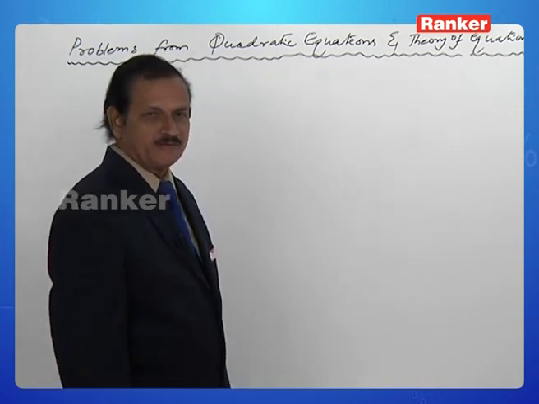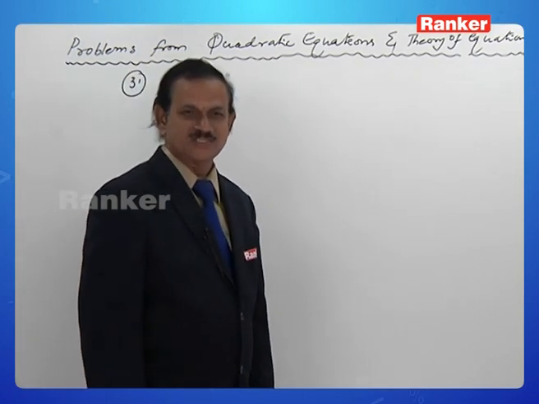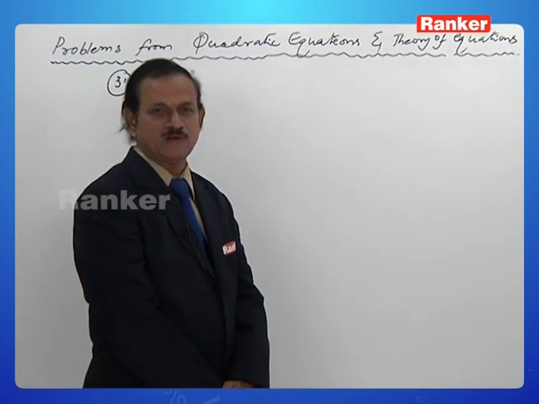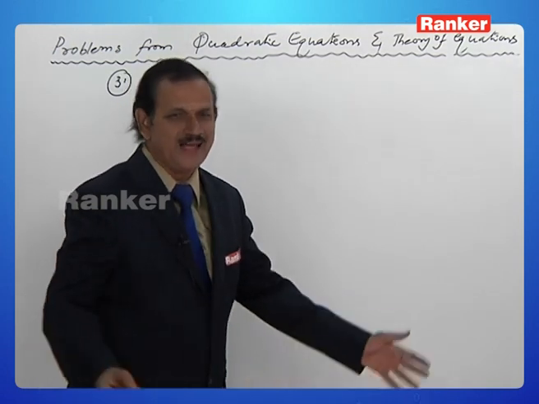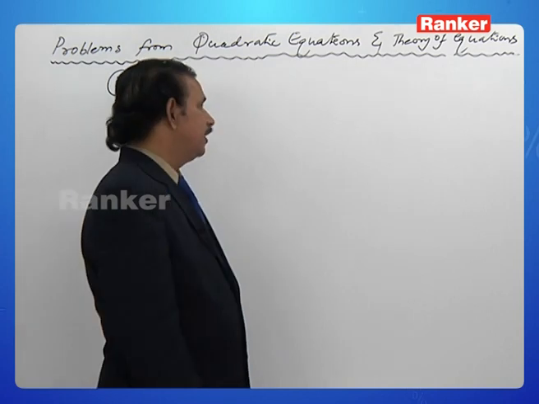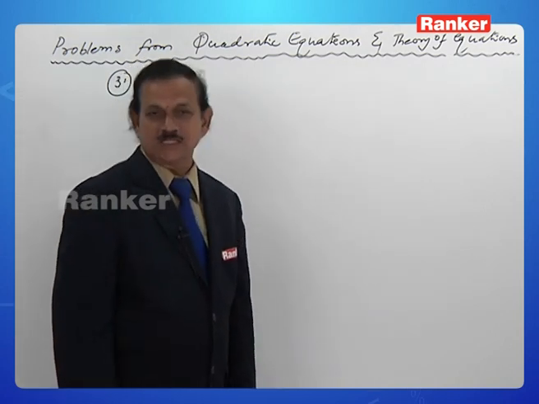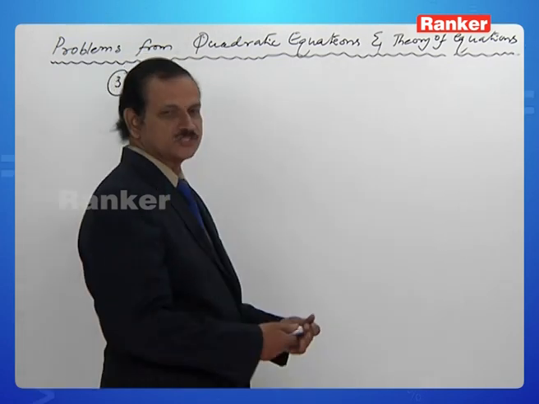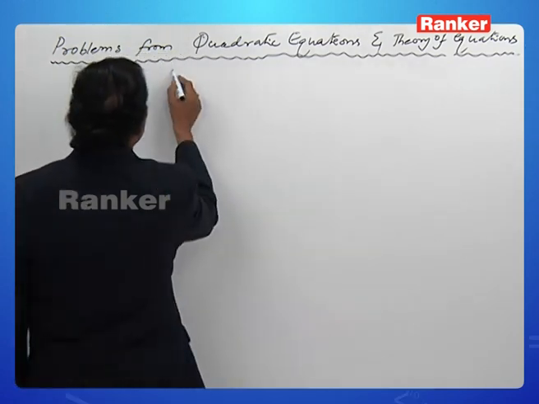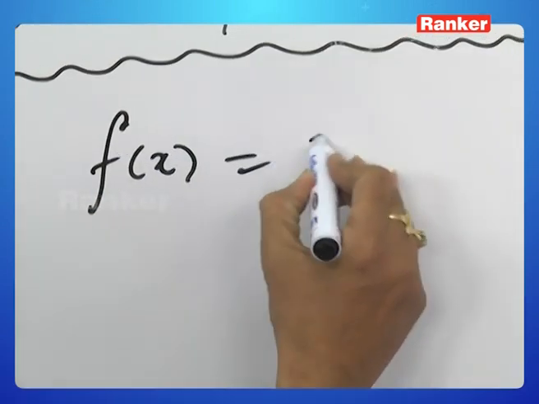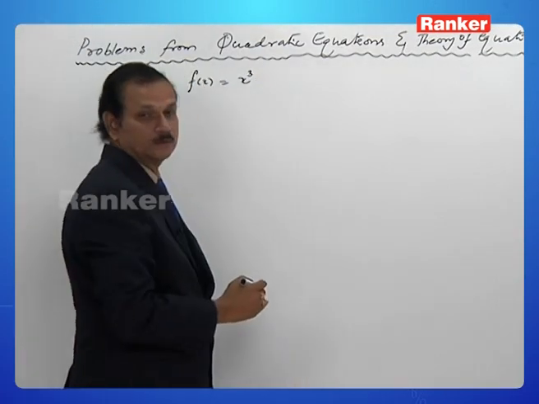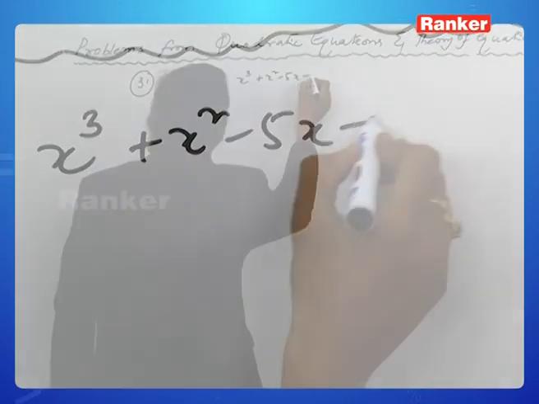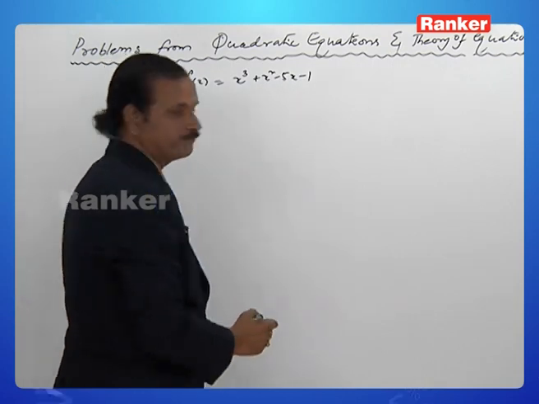To make an attack on the required question, you have to study the nature of the roots alpha, beta and gamma. Where do they lie? It will be very clear and easy if you are able to trace the graph of f of x. Let us try. What is the given function? f of x is equal to x cube plus x square minus 5x minus 1.